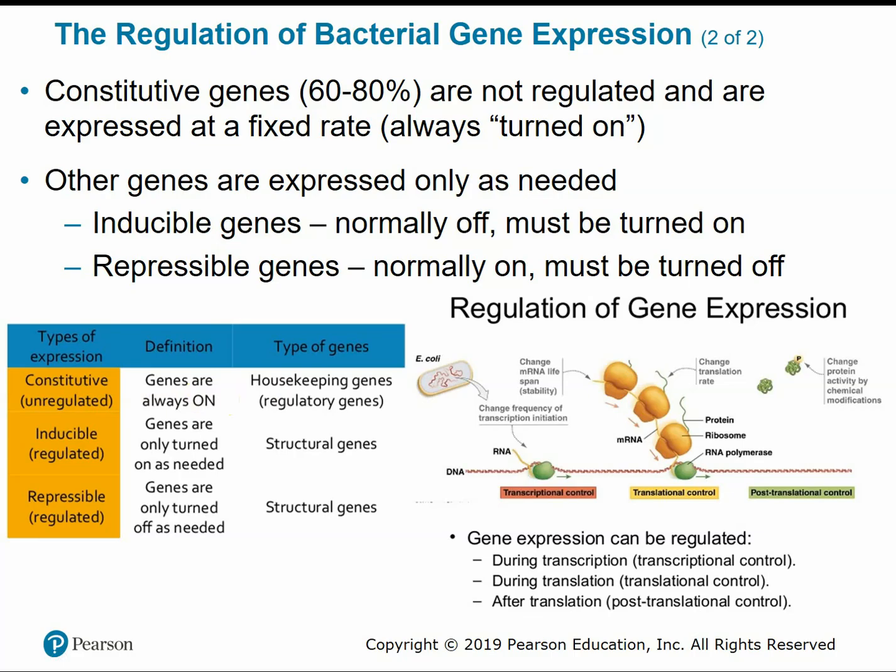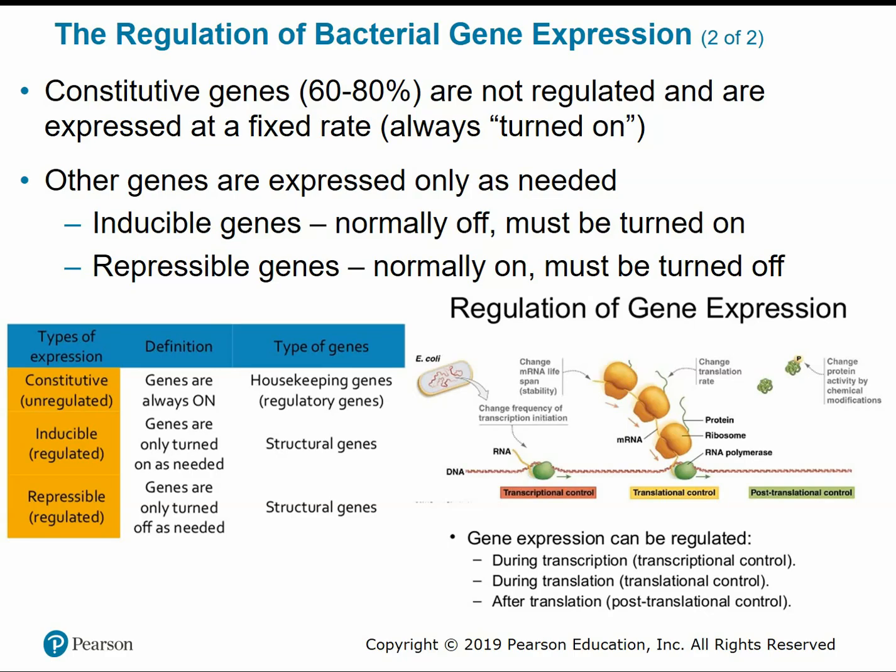These genes that are turned on all the time typically are going to code for housekeeping genes, regulatory genes, enzymes that the cell needs in large amounts or needs for those major life processes like glycolysis in their metabolism.